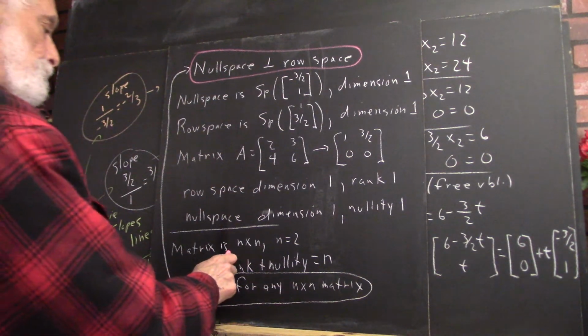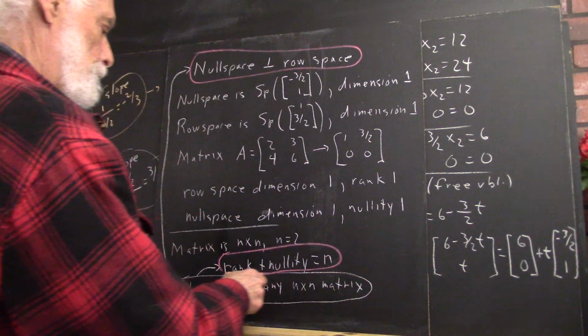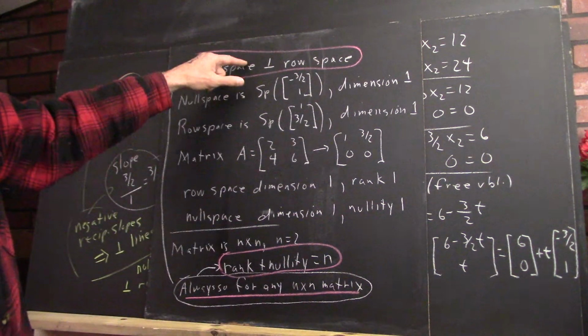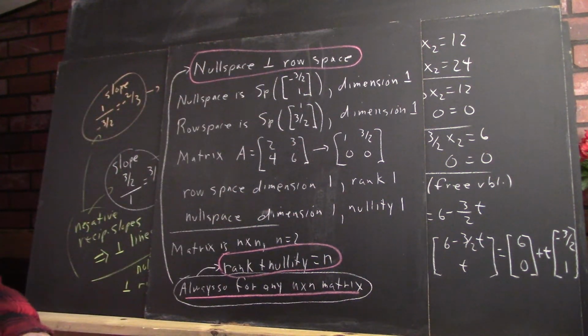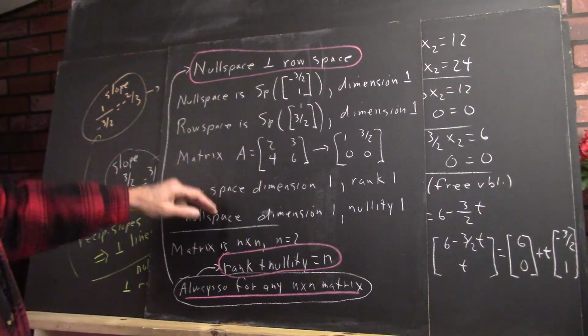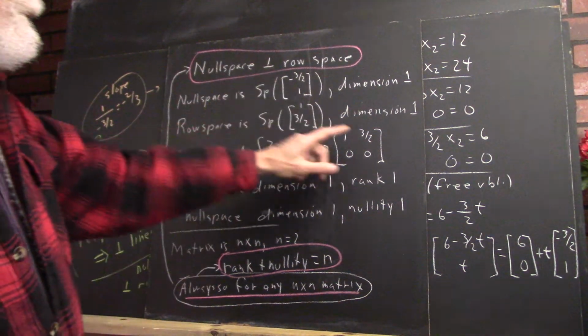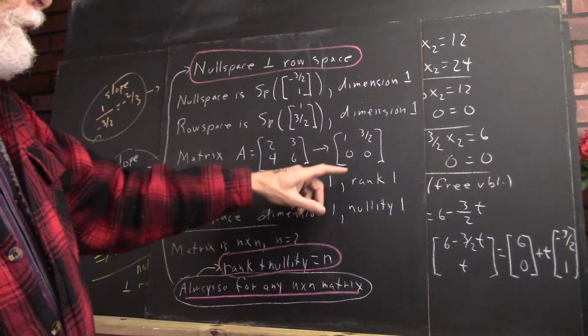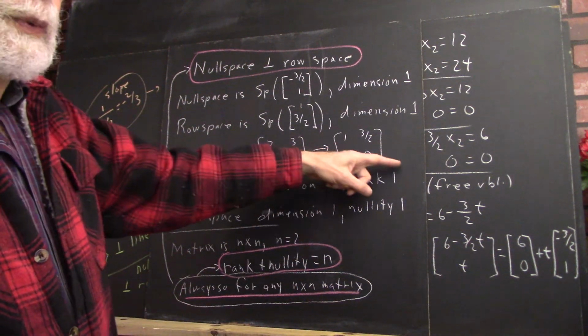So these two things are always true for any matrix. These things here are specific to the 2 by 2 matrix, any 2 by 2 matrix that reduces down to a matrix with one row of zeros.